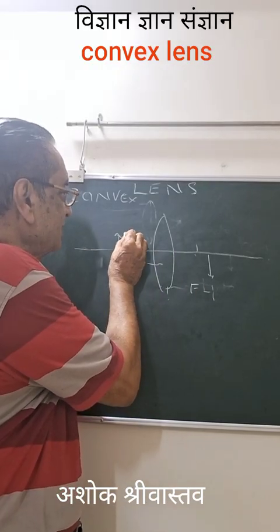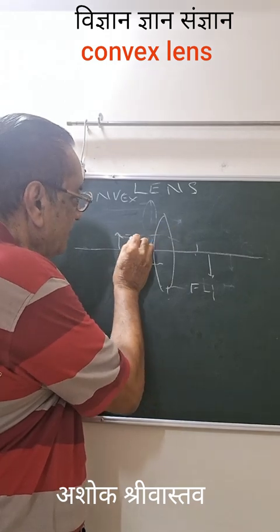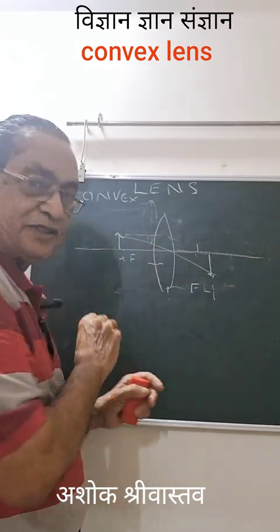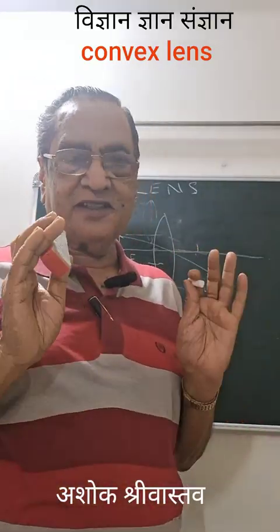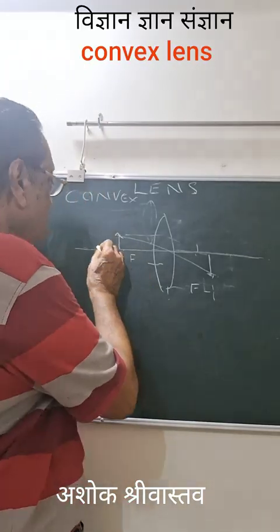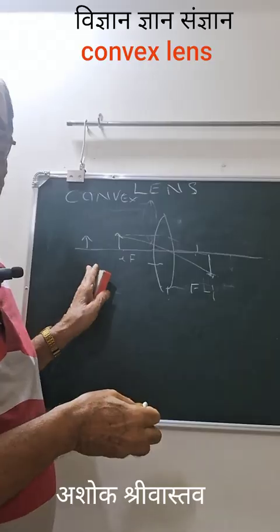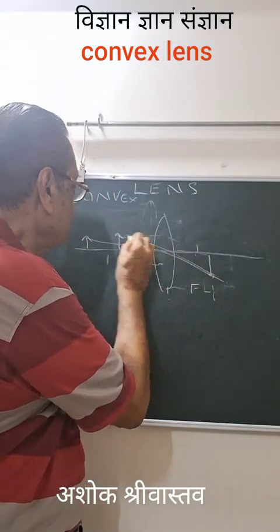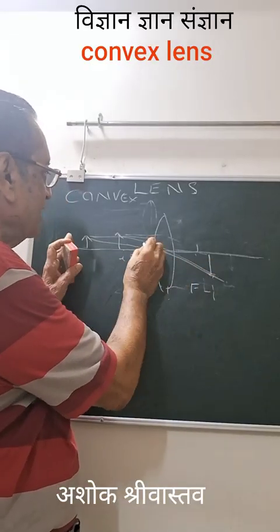How it comes? It goes like this, comes here and forms an image. If you keep it at f, it forms at f, same distance, real image. When you bring it beyond f, then what is happening?